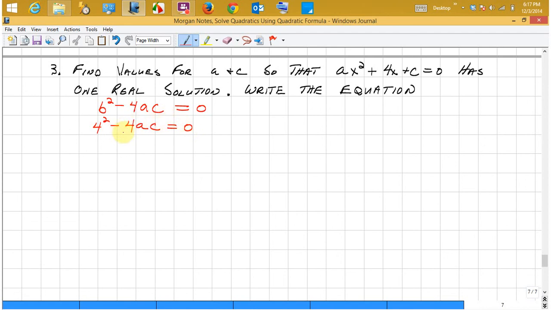Let's move the 4ac to the other side by adding 4ac to both sides. Let me redo that. I have 16 minus 4ac, and then I'm going to add 4ac to both sides. So what I'm going to end up with is 16 is equal to 4ac.